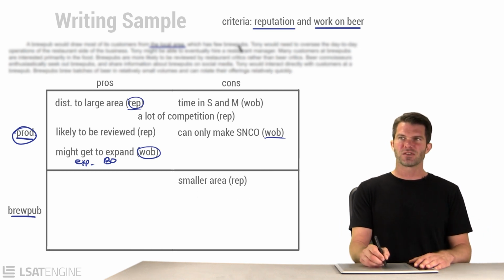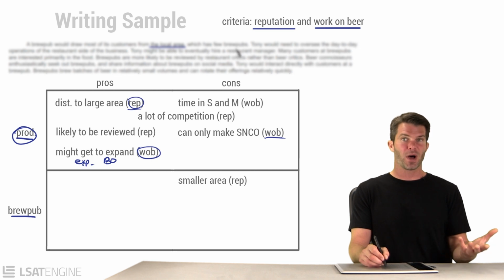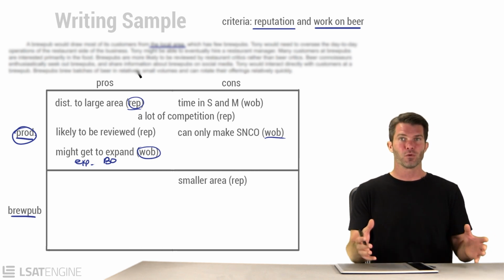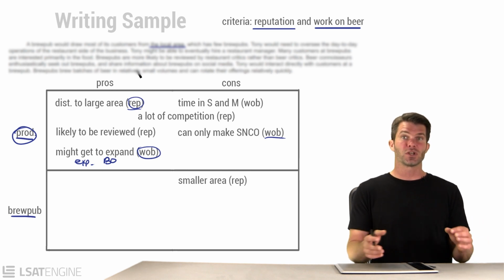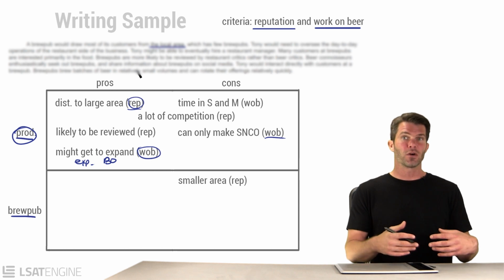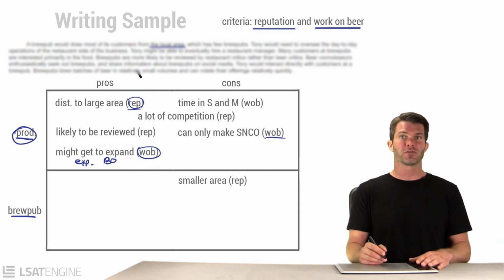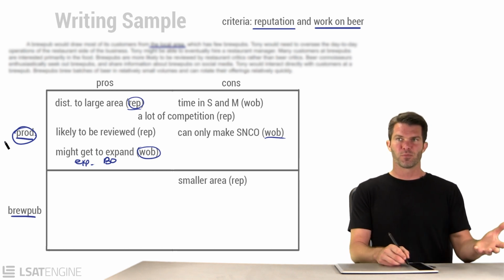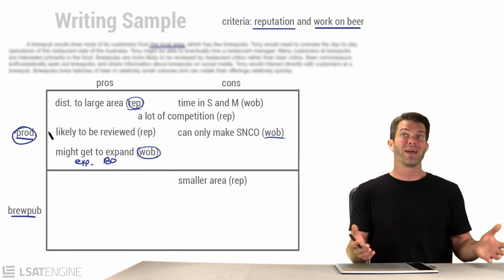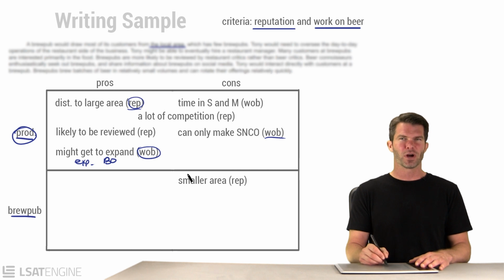Although the fact that it has few brew pubs, you could spin that positively. That's less competition, right? So even though he doesn't have as big of a reach, there isn't a lot of competition. And so whatever critics or connoisseurs happen to be in that area, they're more likely to go to Tony's because there aren't a lot of other places for them to go. Whereas with the production facility, he goes to a larger area, but so do many other people, right? So it's more of a crowded marketplace. That you can kind of spin either way.